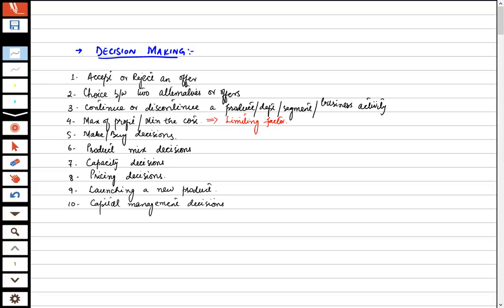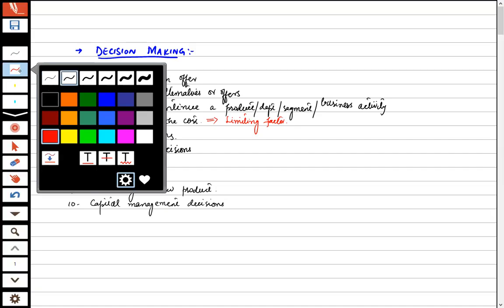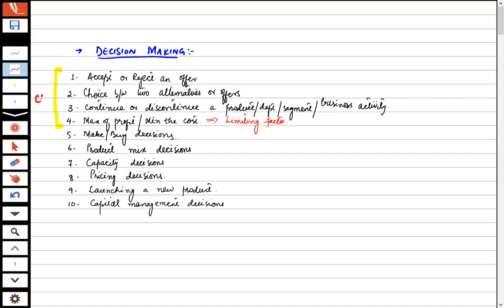Okay, now these are some aspects that need decisions in the organization, and how these decisions are taken. Obviously, there are some methods, tools and techniques for that. For decisions 1 to 4, the major decision is taken on the basis of contribution margin, CM, because fixed cost is fixed: whether we make or buy, whether we continue or discontinue, the fixed cost will be incurred.